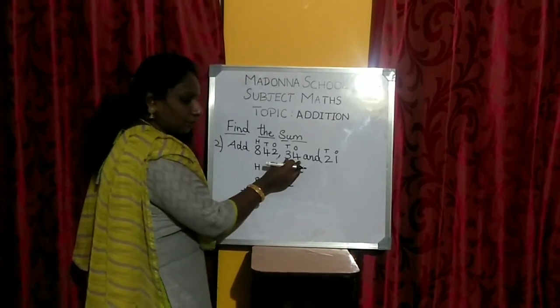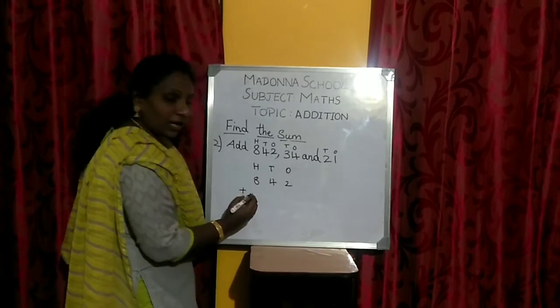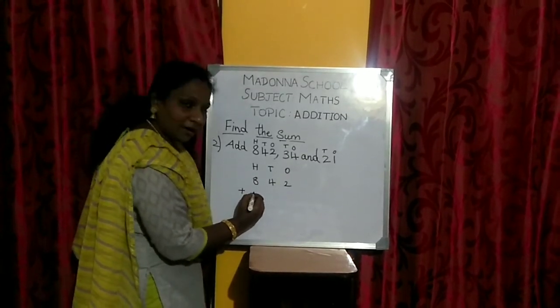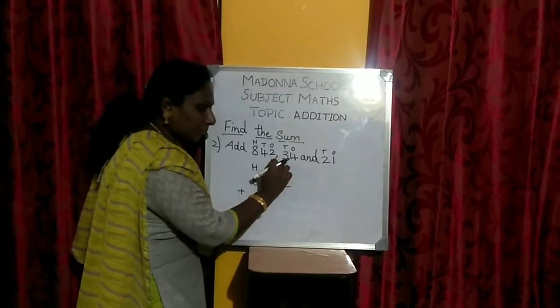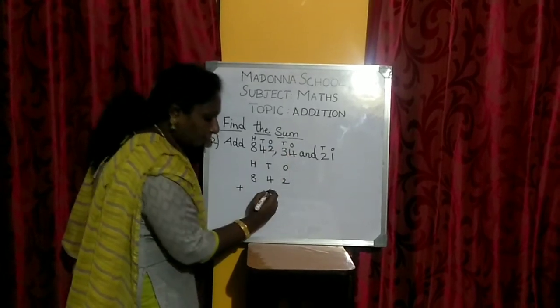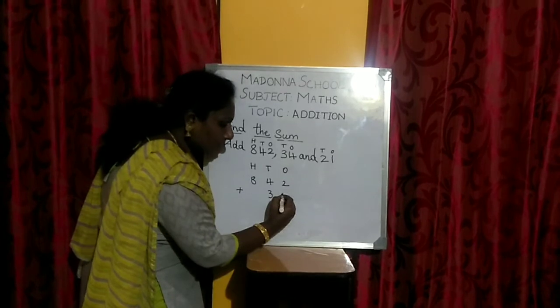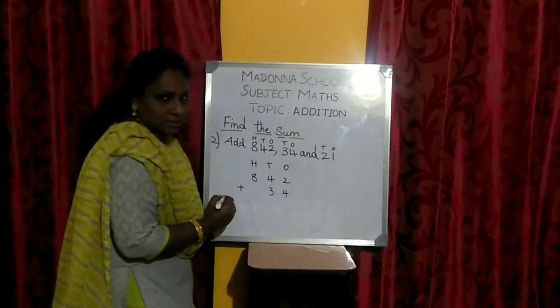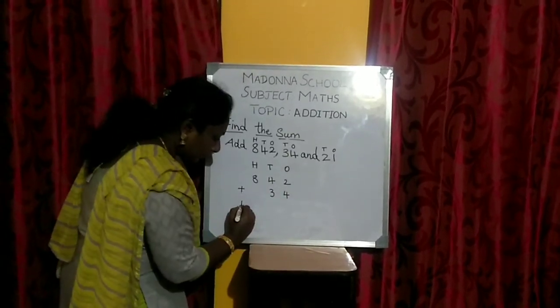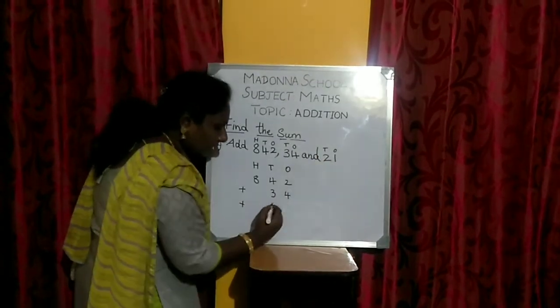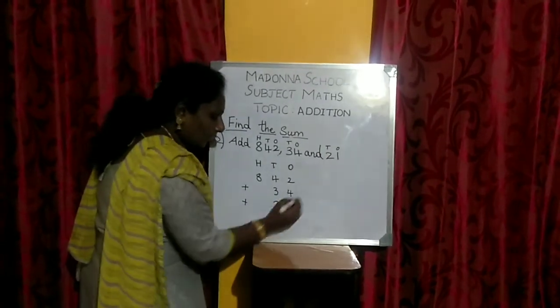Okay, next what is the number? 34. For 34, where should I write, children? Should I write it in the 100's place? No. Why? Because 3 is at 10's place. Next 4 is at 1's place. So next is plus 21. So 2 is at 10's place and 1 is at 1's place.